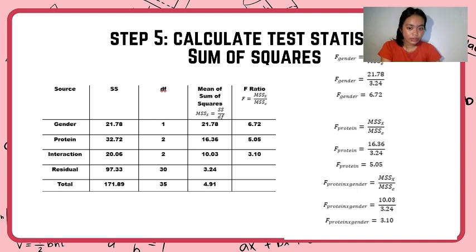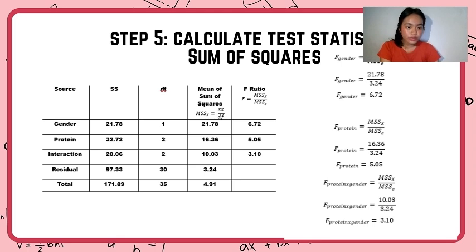And lastly, you will be getting the F ratio. F is computed by using the mean of squares of the gender, protein, and the interaction over the mean of squares of the error or the residual.